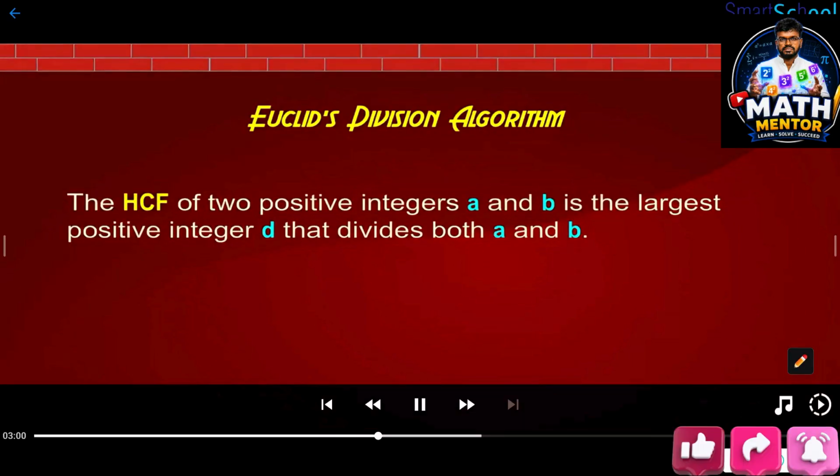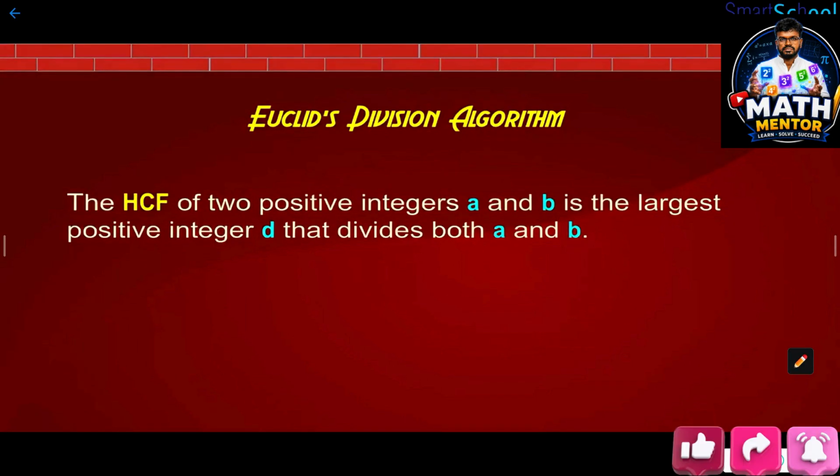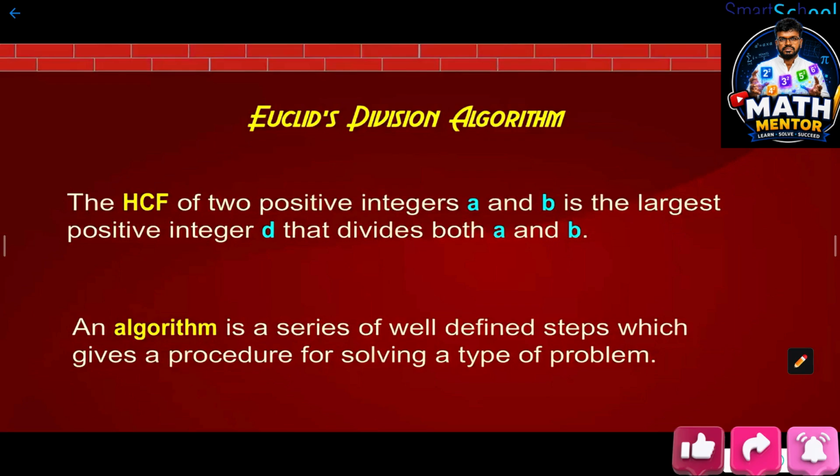The HCF of two positive integers a and b is the largest positive integer d that divides both a and b. You have come across a new word, algorithm. Do you know its meaning? An algorithm is a series of well-defined steps which give a procedure for solving a problem. Let us see the Euclid's division algorithm through an example for better understanding.